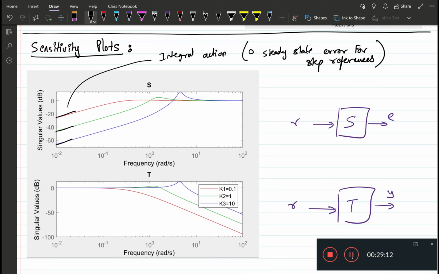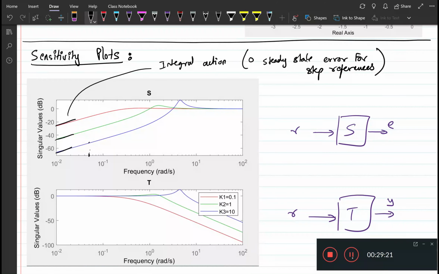Then we see that if we had, for example, a sinusoidal input, say at this frequency, the error would be the least for the blue curve, which corresponds to k3 equal to 10, and the error would be large for k1 equal to 0.1.